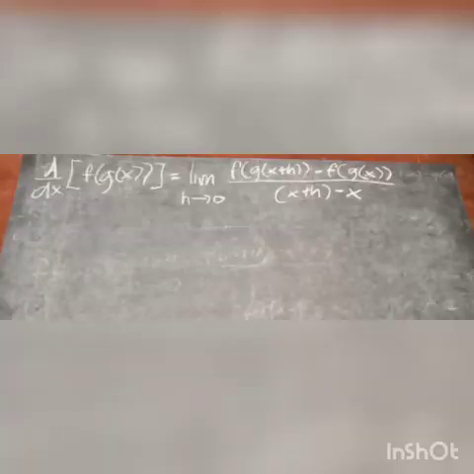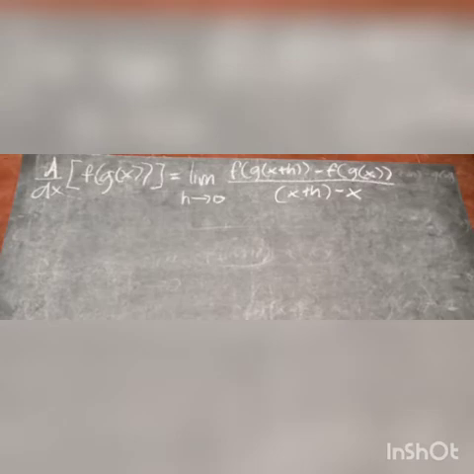Remember, h would be the horizontal distance between 2 points on the function f of g of x. We will now multiply this fraction by a fraction equal to 1.